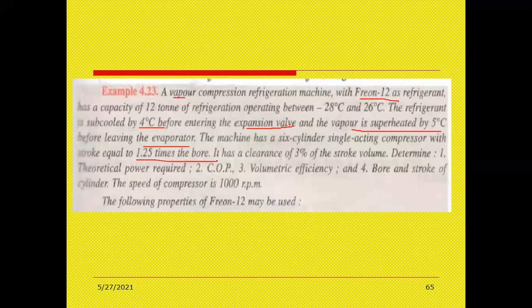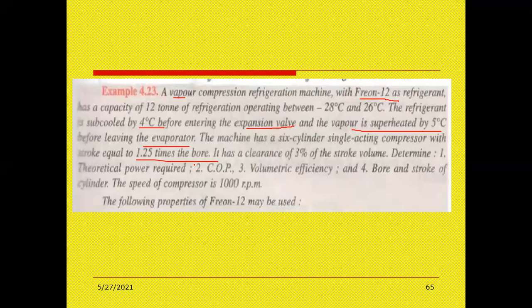Stroke is equal to 1.25 times the bore. It has a clearance of 3% of the stroke volume. So what is the clearance given? The clearance is 3% of the stroke volume.